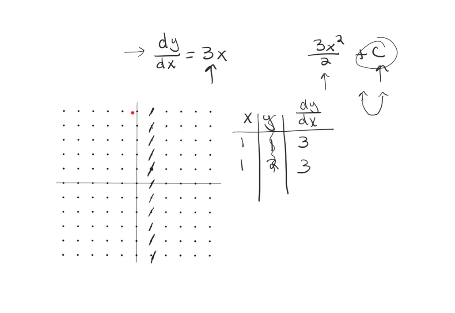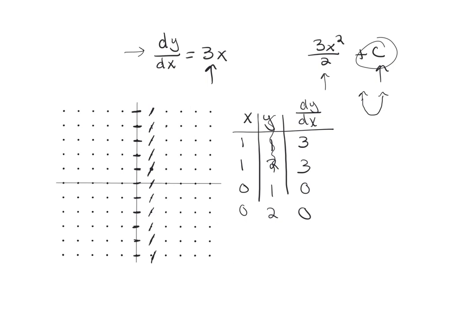All right, let's pick some of these points on the y-axis. So all of those points have x equal to 0, and then 0, 1, 0, 2, whatever. But if you plug in 0, the slope is 0. So if you're going to graph a 0 slope, we're going to have horizontal lines all throughout here.